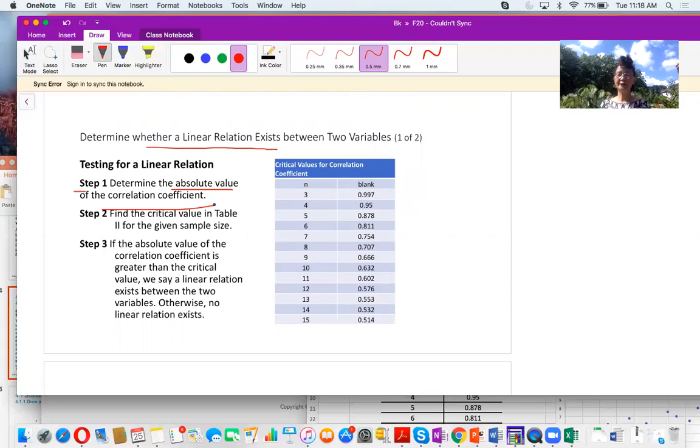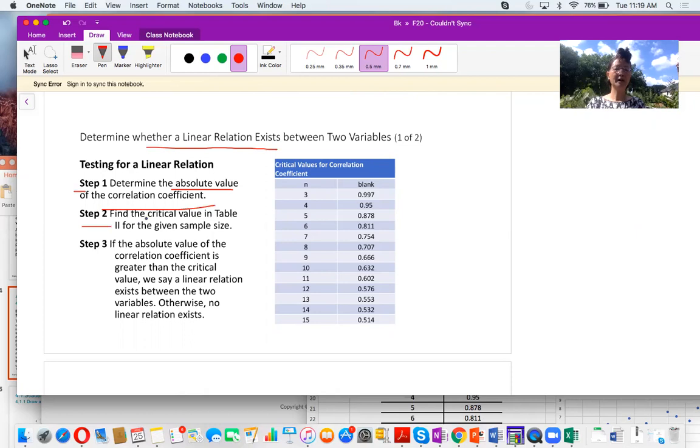Why do we ask for the absolute value? Because the linear correlation coefficient could be positive, could be negative. When you have a negative linear correlation, we need to take the absolute value, okay? So that is step 1, take the absolute value of the linear correlation coefficient.